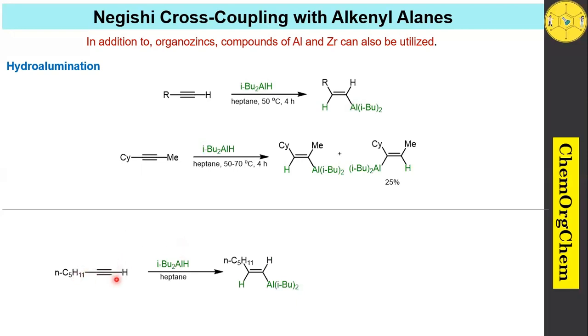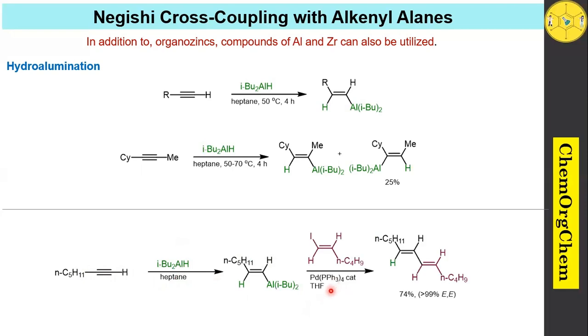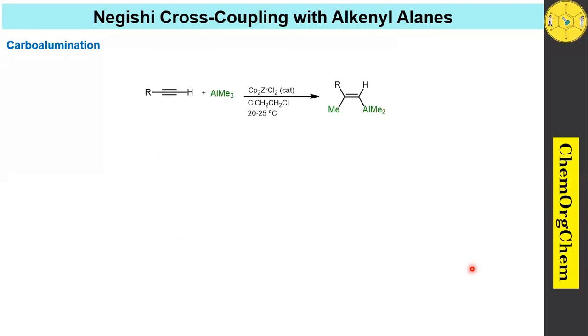So here you see this alkyne initially reacts with DIBAL-H to produce this corresponding alkenyl alane, which then reacts with this corresponding organoiodo compound in the presence of palladium catalysis to produce this corresponding carbon-carbon coupling product. Here you should note that the stereochemistry of the double bond here as well as here does not change under this reaction condition. So next, moving on, the carboalumination reaction.